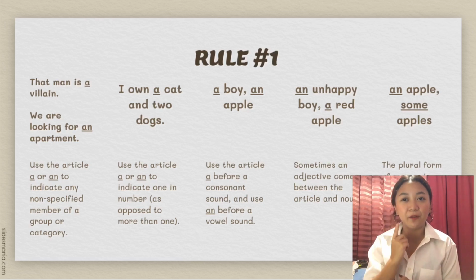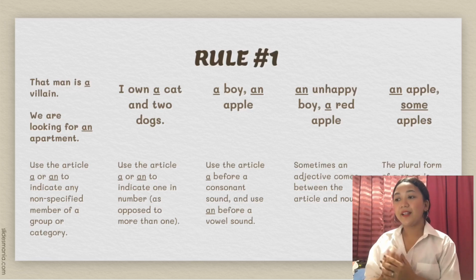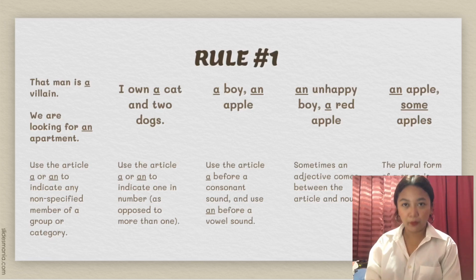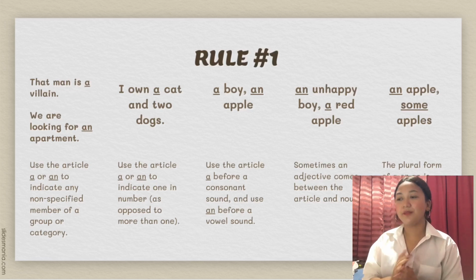You have to listen carefully if the beginning sound is a consonant or vowel to use the proper article for that sentence or statement. Next, sometimes an adjective comes between the article and noun. We had an example: an unhappy boy, a red apple.